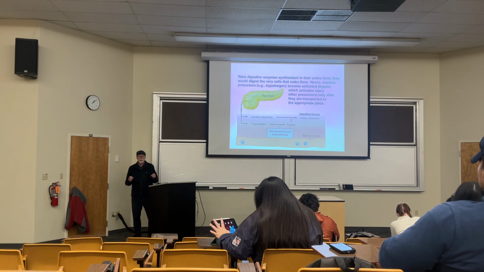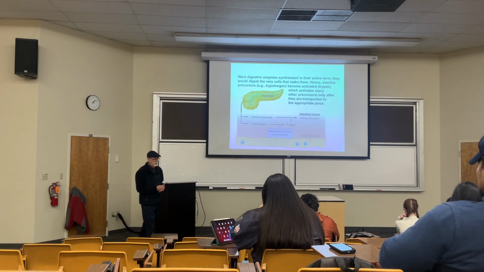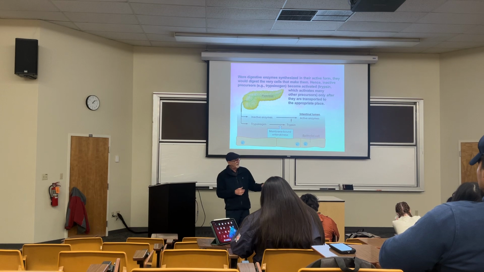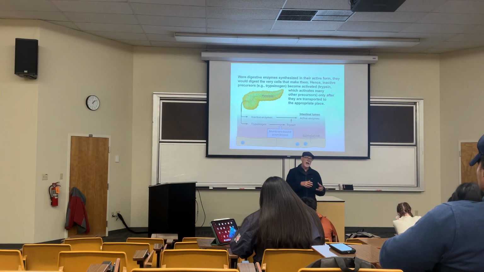We produce a number of different enzymes that go into the small intestine from the pancreas. Some of these are proteolytic, digest protein. Some of them are going to digest polysaccharides, carbohydrates. We call this pancreatic amylase.